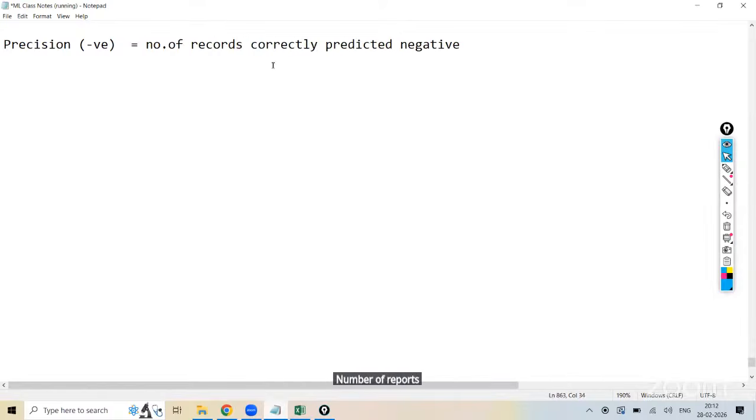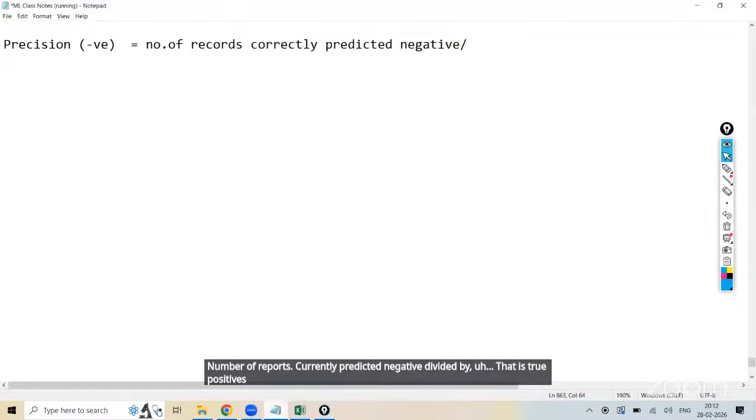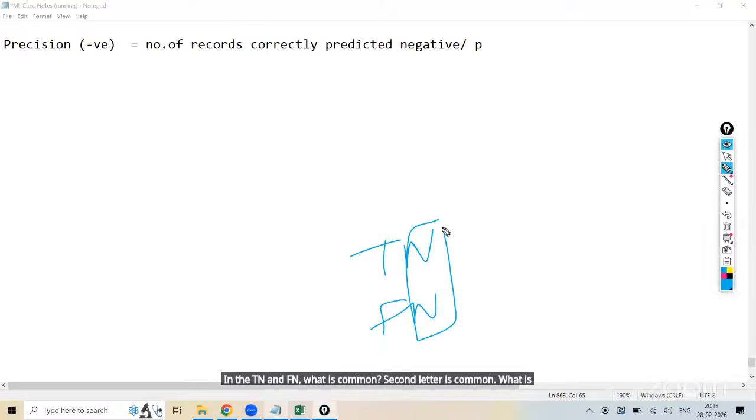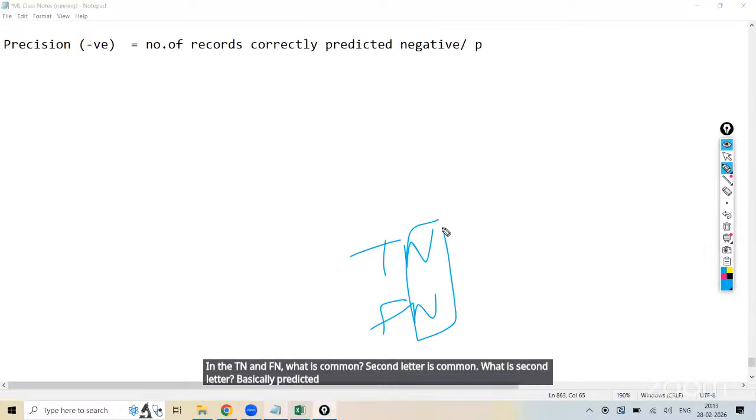correctly predicted negative divided by, that is true negatives plus false negatives. Both of them we have to consider. That is nothing but predicted negatives. In the TN and FN, what is common? The second letter is common. What is the second letter basically? Predicted negative. Second letter meaning is whatever we have predicted.